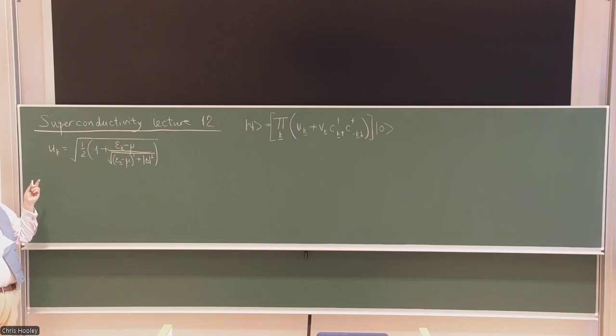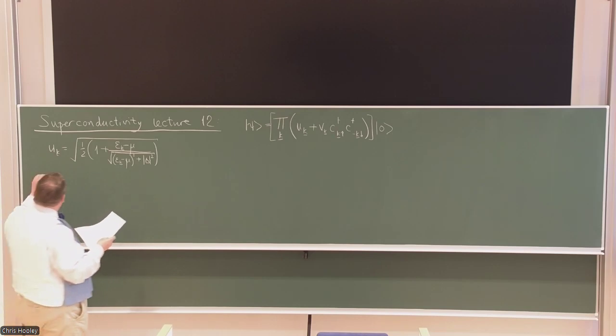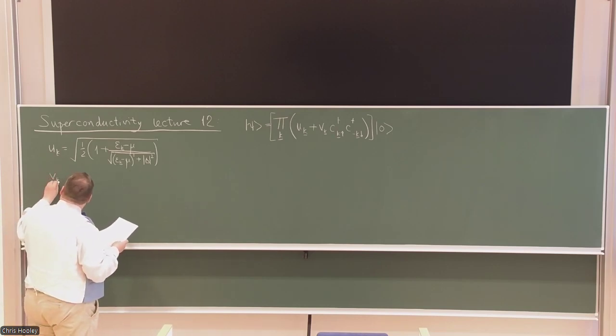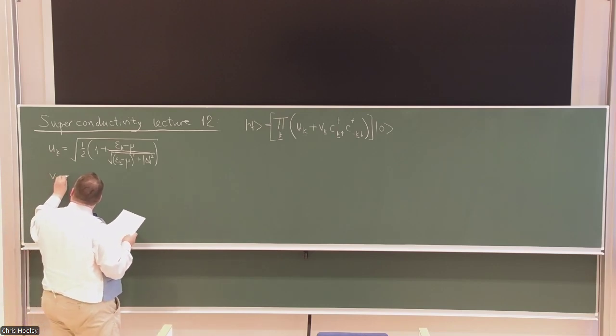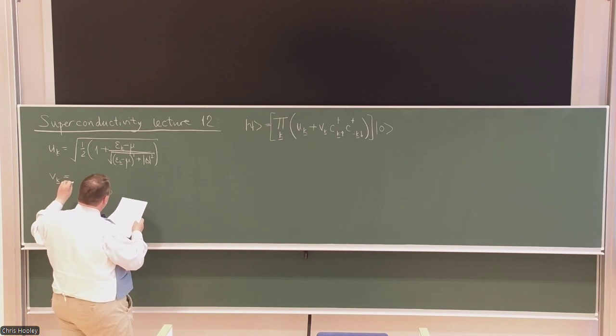That's obviously conventional because I could multiply the entire wave function by a complex phase and not change anything. So I've just used my freedom to choose the U_k's to be real. In that case, the V_k's are not real. Well, they might not be real.